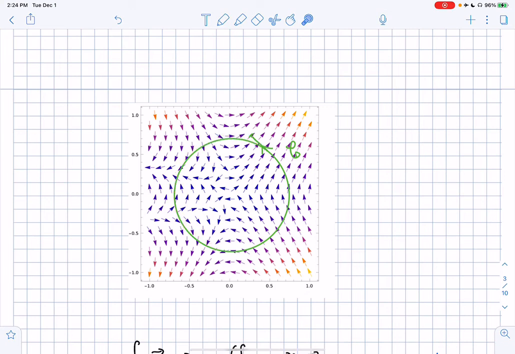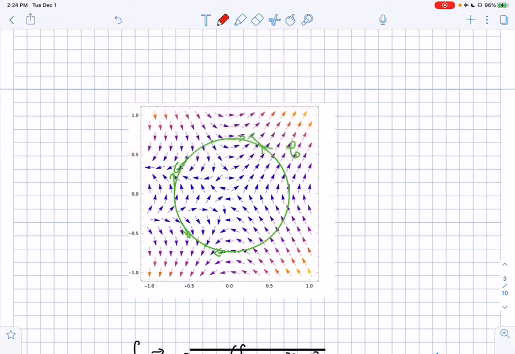Like this. Okay, so in this case, it goes like this. In this case, pretty much orthogonal. In this case, well, this goes this way. So you're summing up, if you want, the dot product between the vector field and the velocity vector. So it's the part of the vector field which is essentially parallel or collinear.